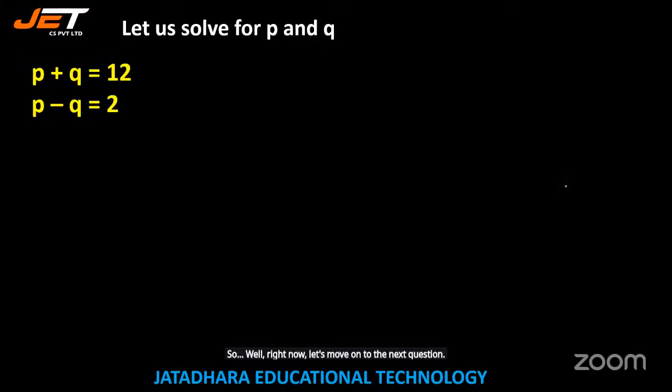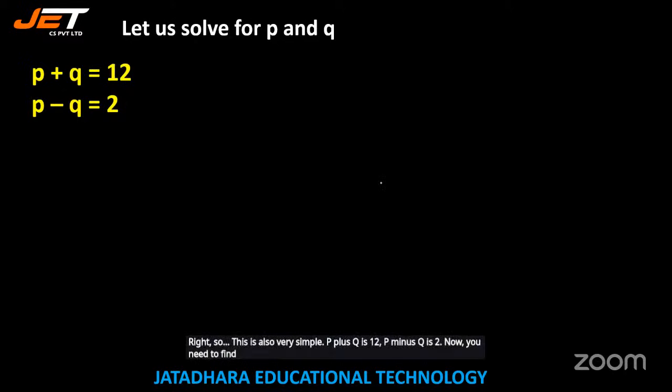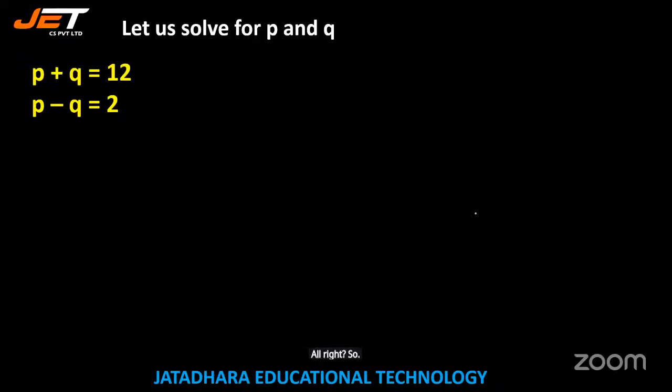This is also very simple. P plus Q is 12, P minus Q is 2. Now you need to find the value of P and then the value of Q. Just cancel Q. This is equation 1, this is equation 2.